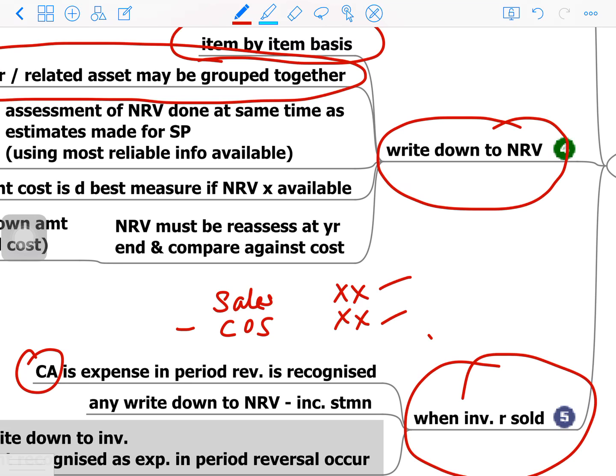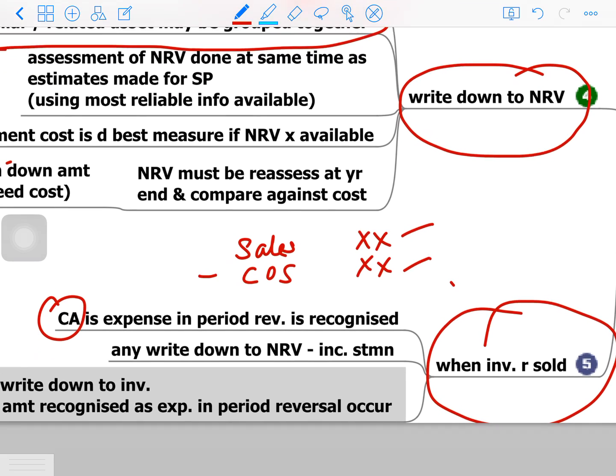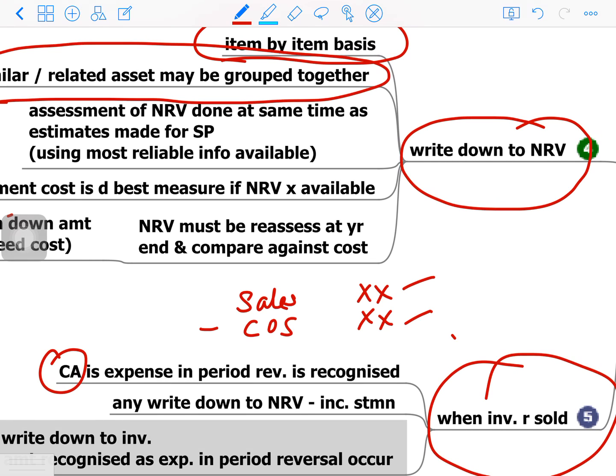Any write down to NRV will be included in the income statement. Say the inventory has been damaged. You will adjust in cost of sales. Understand? Debit cost of sales, credit what? Credit normally inventory.